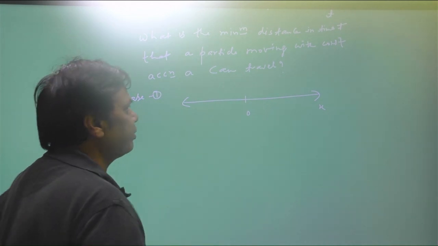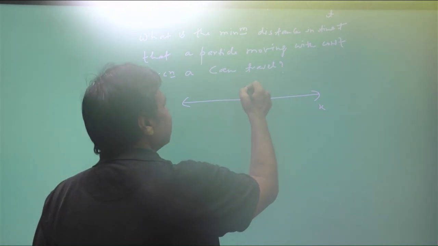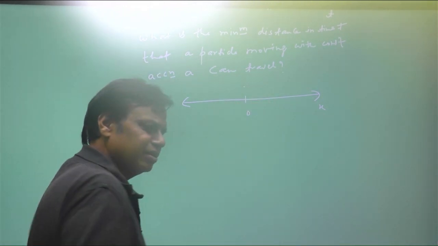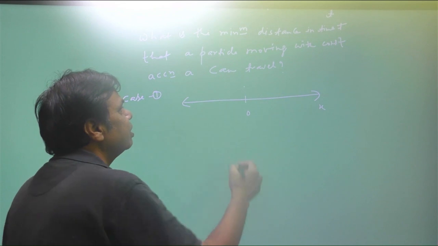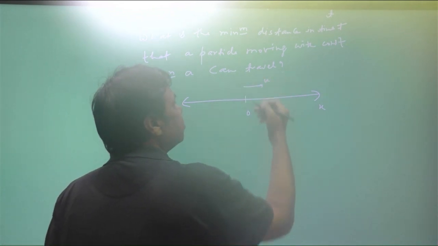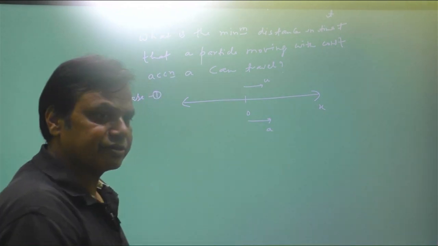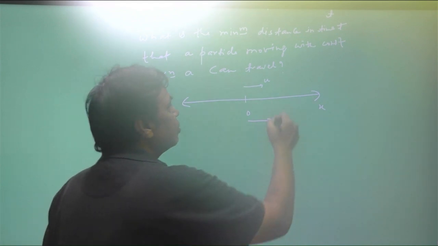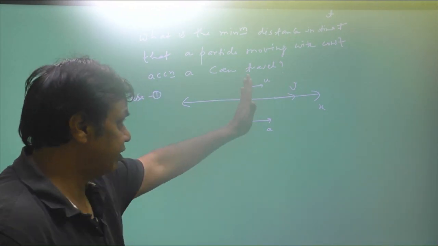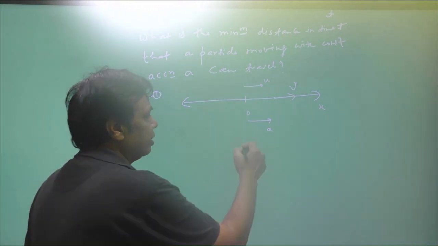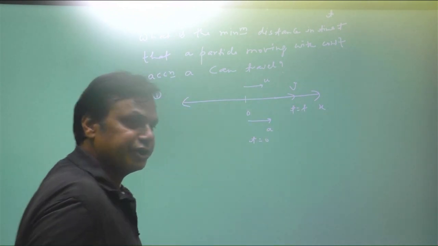First case can be, let the particle is at the origin, and because I can take origin anywhere, so I assume the particle is at the origin at the start, its velocity is some u and its acceleration is also in the positive x-axis direction. So at some time t its velocity will be in this direction. The left hand side is the condition at t equals 0, and this is at any time t.